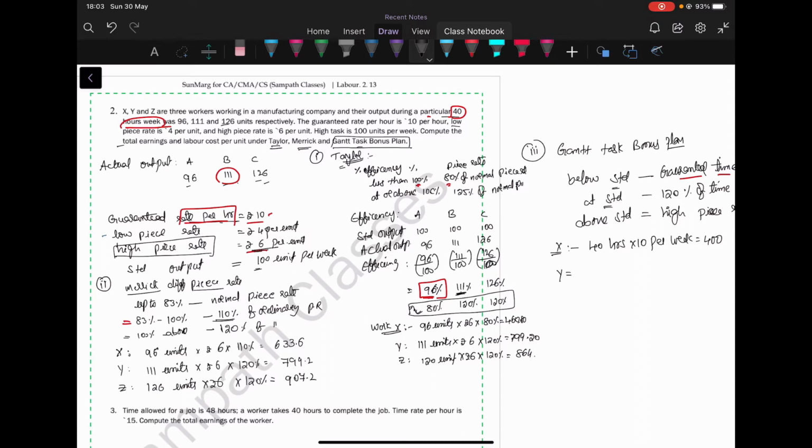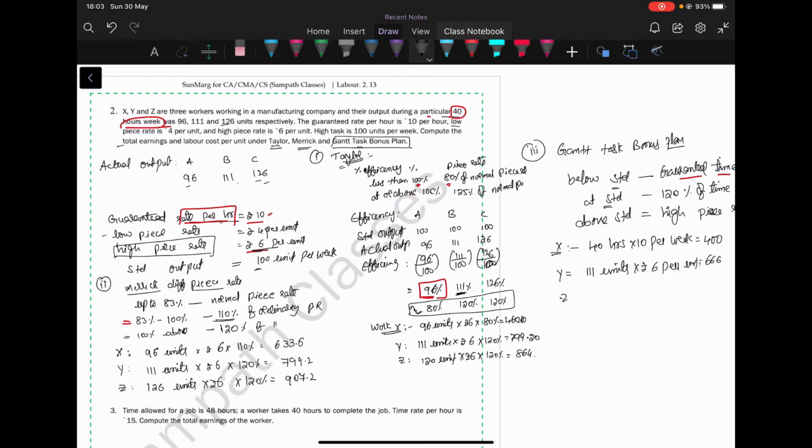So the units produced by Y is 111. Units into rate per unit, that is 6 rupees per unit, 111 into 6 is 666.